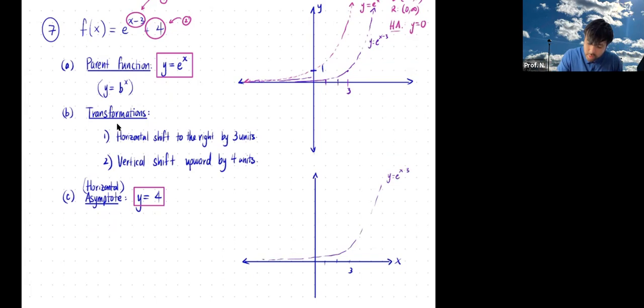So this point here should be shifted up by 4. So I'm shifting everything up by 4. Whoa, sorry, this is not by 4. Right here, boom, 1. And then you have something here. And y equals 4 is a horizontal asymptote. So this is y equals 4. So I'm going to have a graph that looks like this.